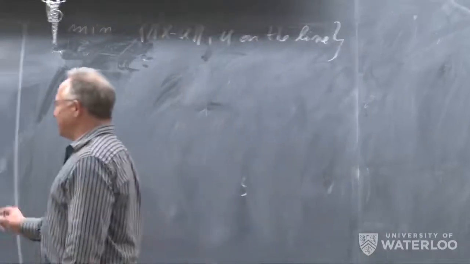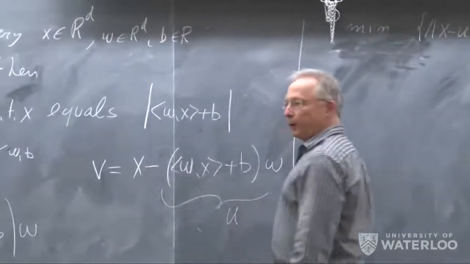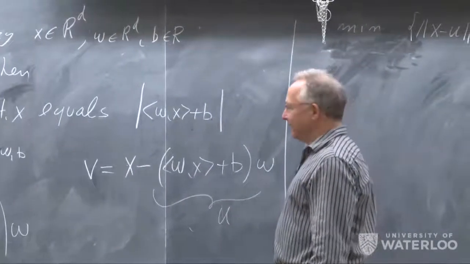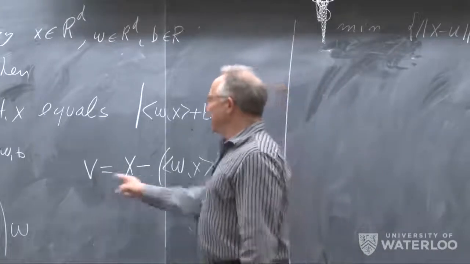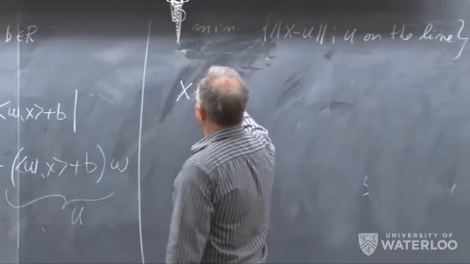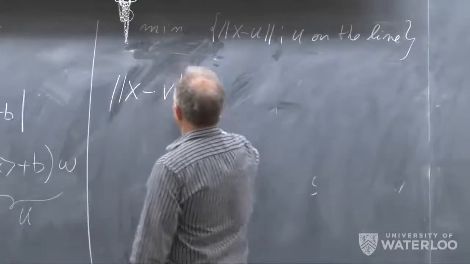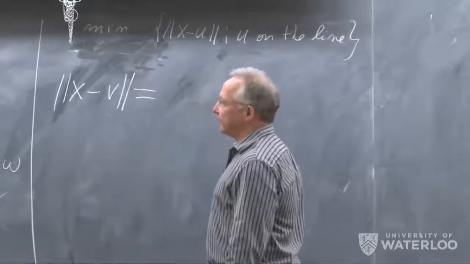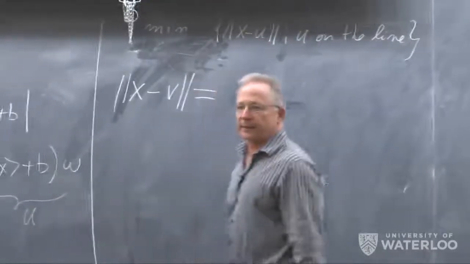So what I'm claiming is 3 things. That this point u is on the line, that the distance between x and this v, x minus v, is exactly what I wanted. What is x minus v?